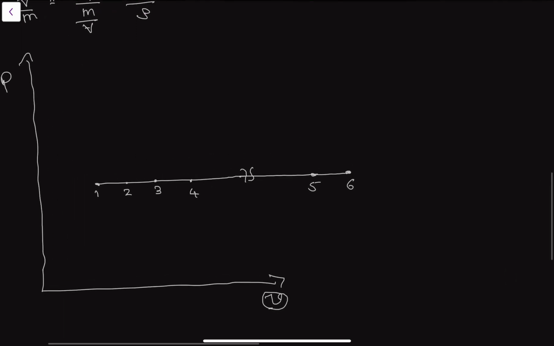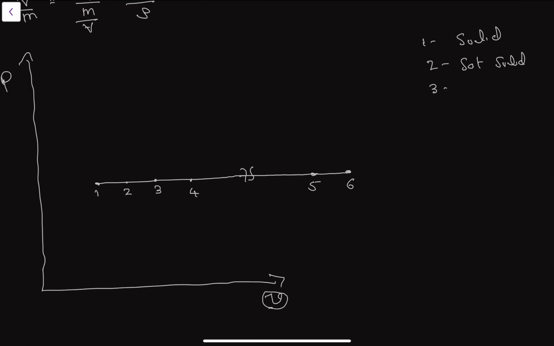So let us note down the important points here. 1 is solid, 2 is saturated solid, 3 is saturated liquid, and 4 is again saturated liquid, and 5 is saturated vapor, and 6 you have superheated vapor.